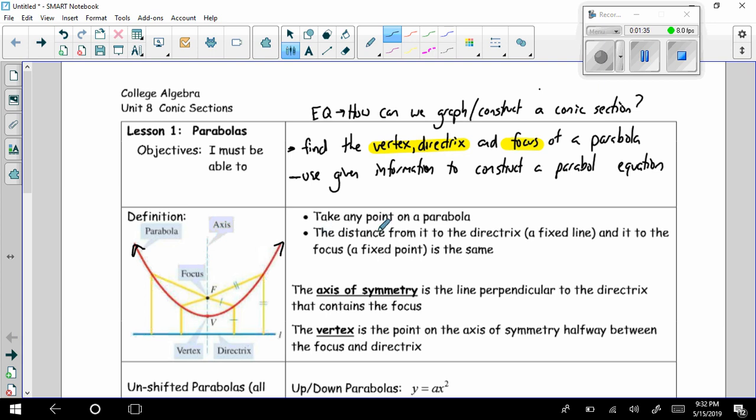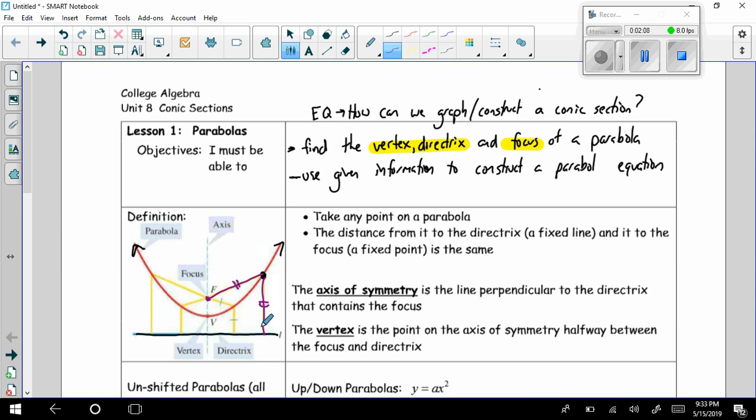So we can take any point on a parabola, so like this point here, say, and the distance from it to the directrix, which is a fixed line. So this is your directrix down here. So this distance here, from here to here, will be the same as the distance from this focus point to that same point.